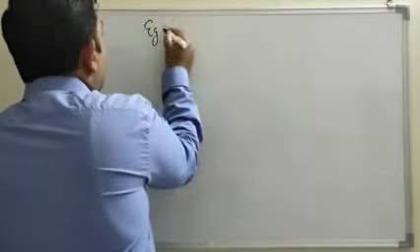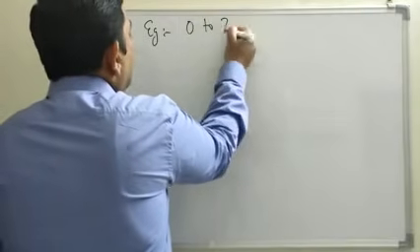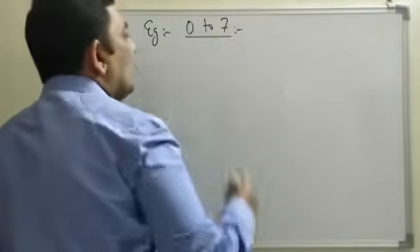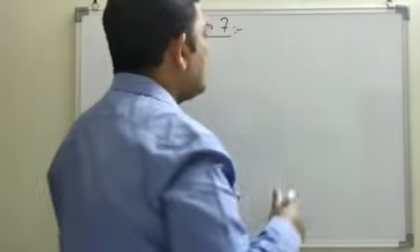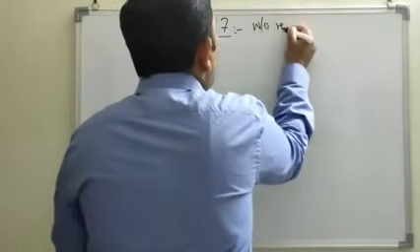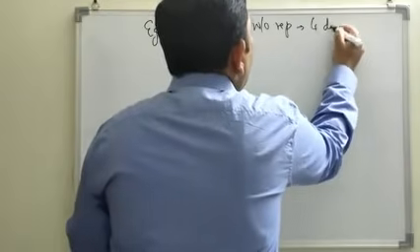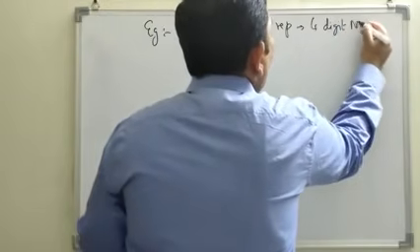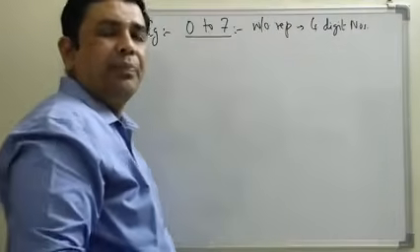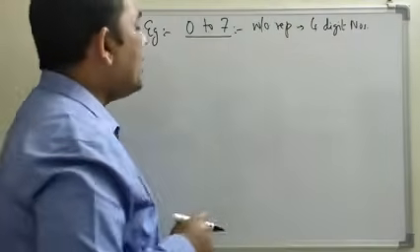So what was the example? The example was we were using digits from 0 to 7 and we were talking about without repetition. We were looking at forming 4-digit numbers. Correct? Great.